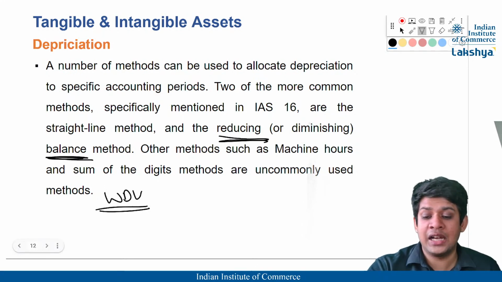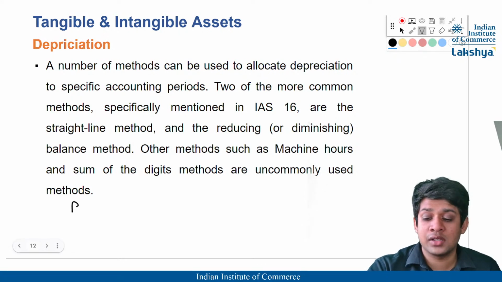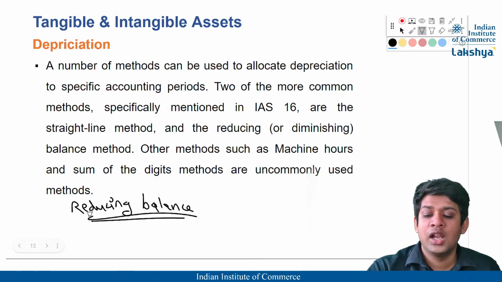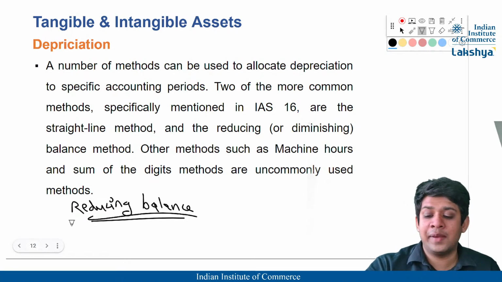But there is also another basis which is known as WDV basis, or you can say reducing balance basis. Technically, they call it reducing balance. It is known as reducing balance basis. Now, what do you mean by reducing balance basis?